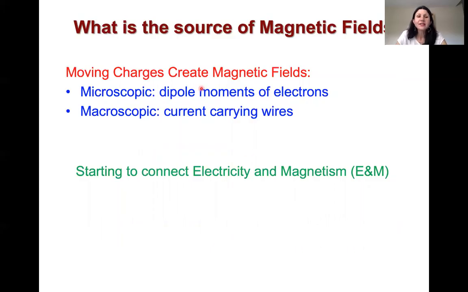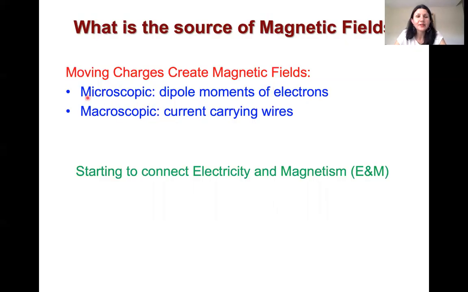And it turns out that it is those same charges that cause electric fields, except it depends somewhat on their behavior. It turns out that it's moving charges. So these are the same positive and negative electric charges that create magnetic fields, but they do so when they're moving.